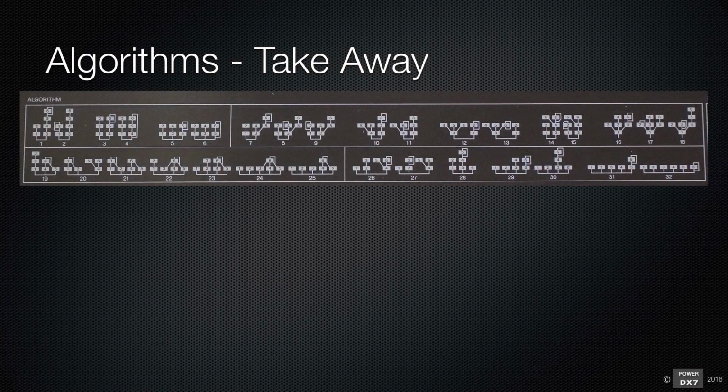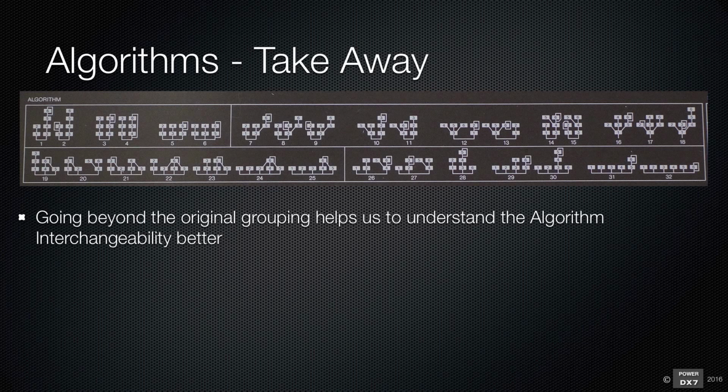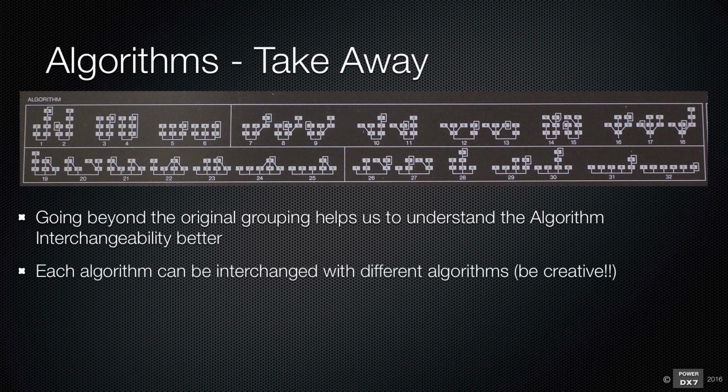Now, it's a good time to revise what we've learned so far. As we went beyond the original algorithm grouping, it helped us to understand algorithm interchangeability much better. As we saw from examples in this tutorial, each algorithm can be interchanged quite easily with different algorithms.